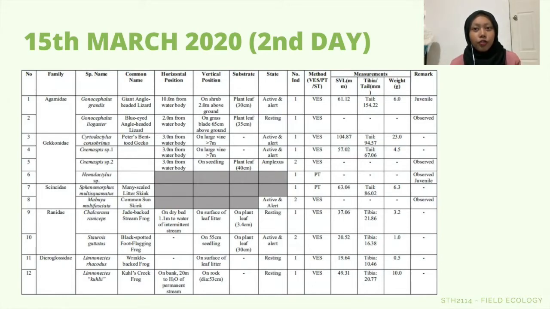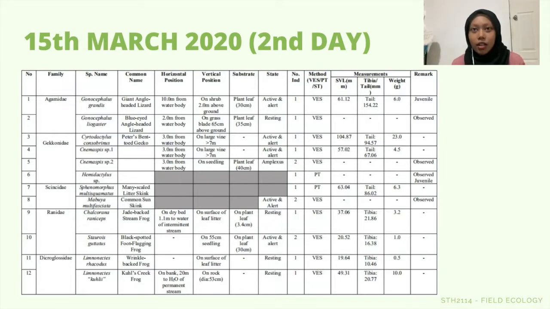There are 2 different species under this family, which are Chalcorana raniceps and Staurois guttatus. These two were found using the same method, which is visual encounter survey. For Chalcorana raniceps, it was in a resting state, and for Staurois guttatus, it was in an active and alert state.